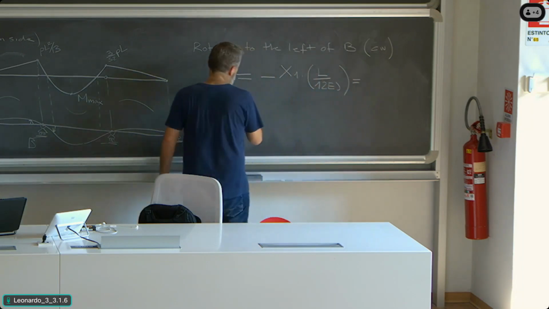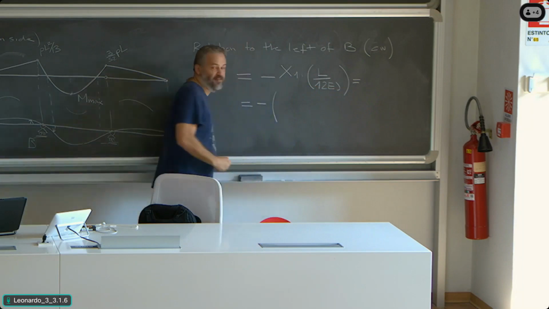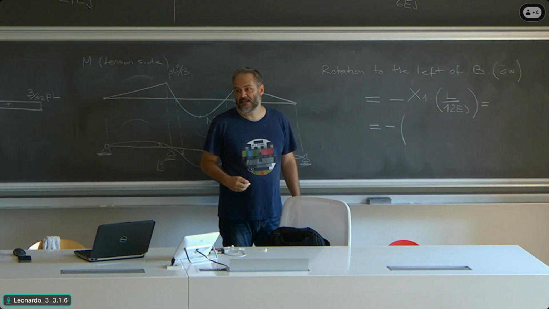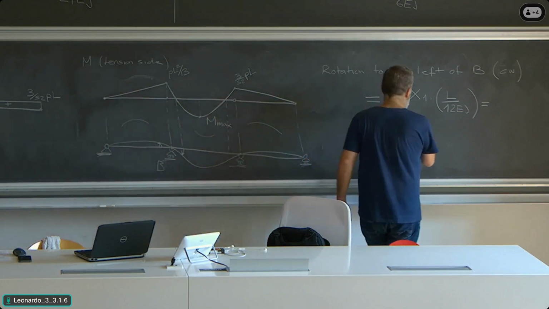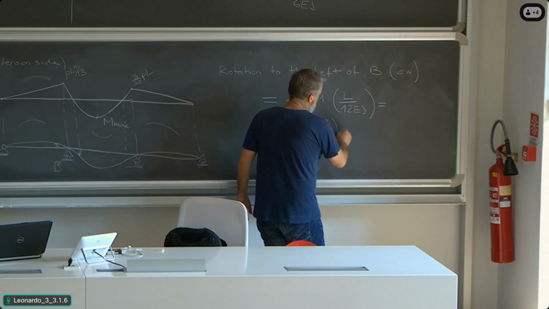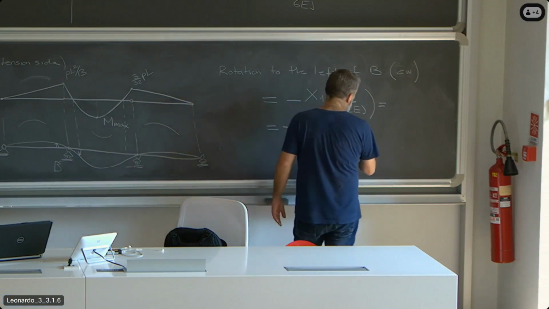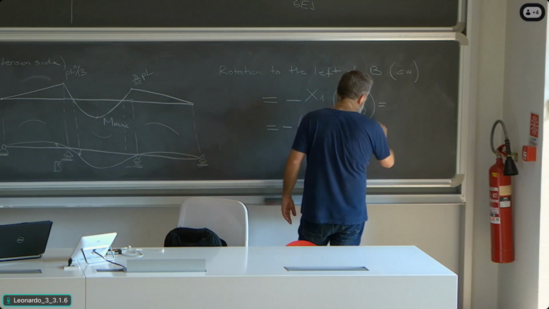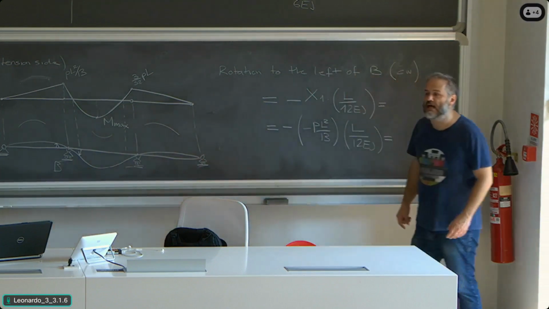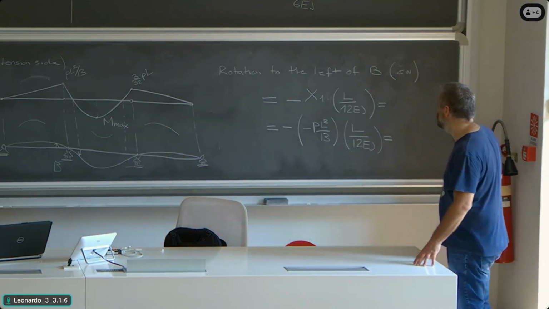In writing, minus, what is the value of x1? Minus PL squared divided by 13, times L over 12EJ, equal to minus and minus cancel out. It yields a plus.